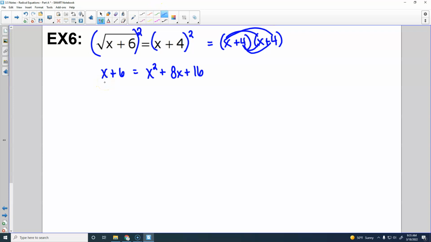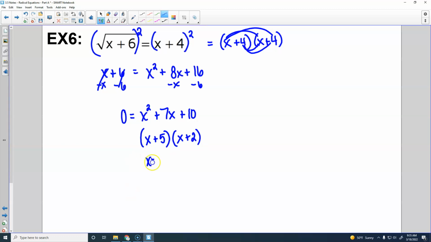So now I have this expression that is a quadratic, and I also have this x plus 6 over here. So it's like the last problem: you move everything to one side and factor. So I'd subtract that x and subtract that 6. So 0 equals x squared plus 7x plus 10. And that is going to factor for us into x plus 5 times x plus 2.